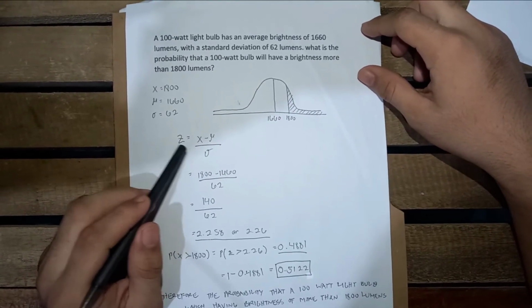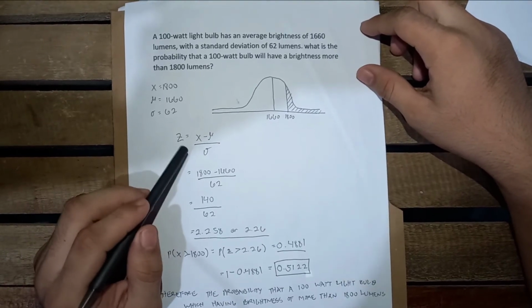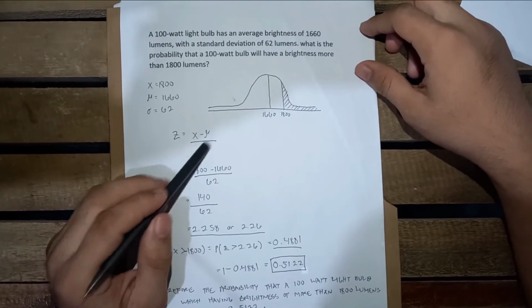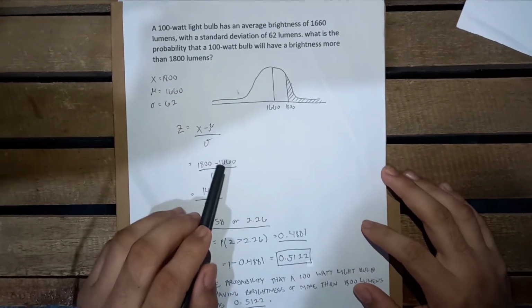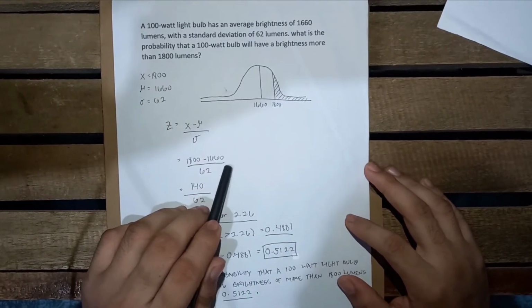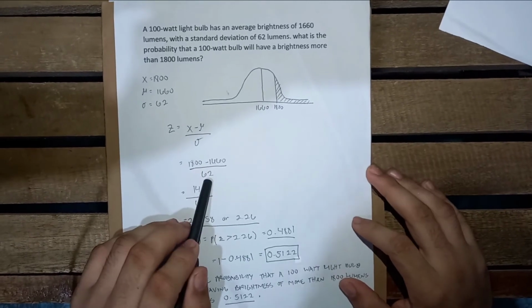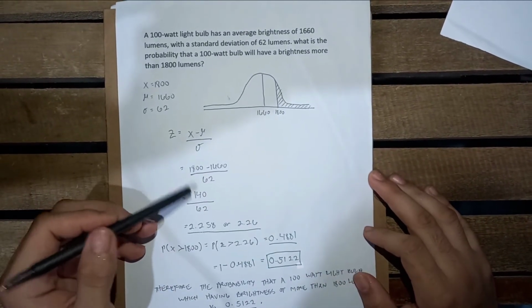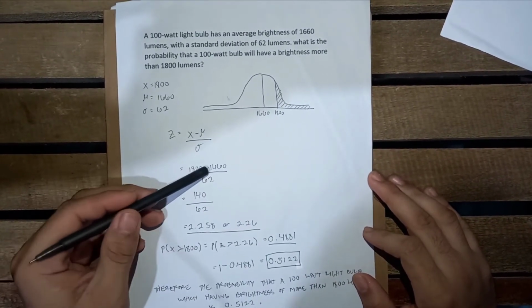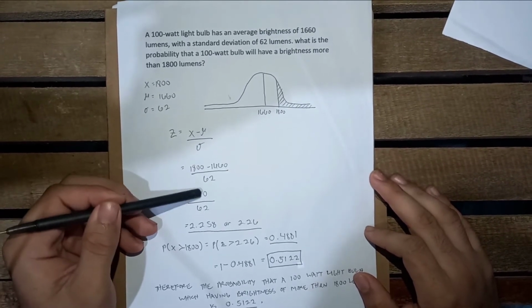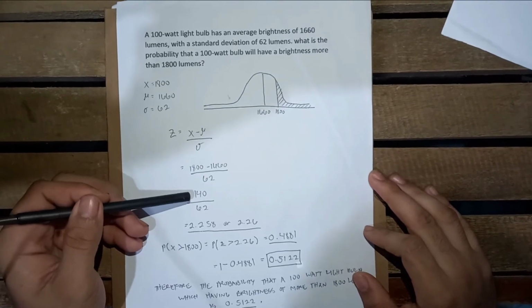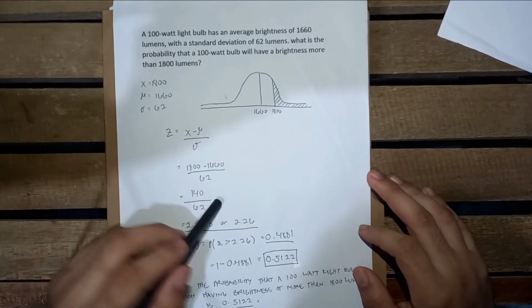We have this formula: z is equal to x minus mean over standard deviation. Our x is 1800 and our mean is 1660, over the standard deviation of 62. So 1800 minus 1660 is equal to 140 over 62.